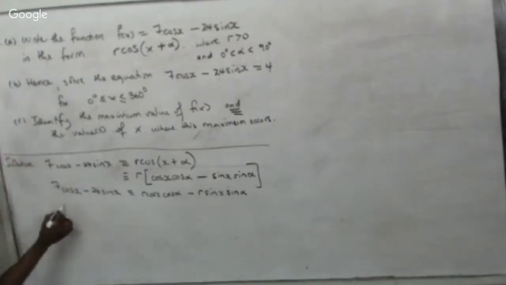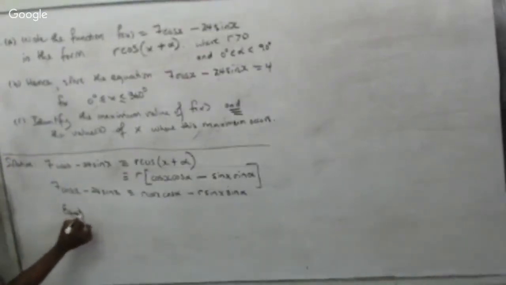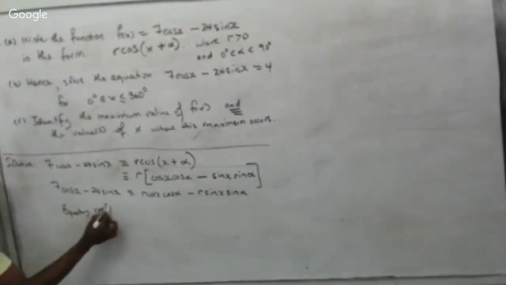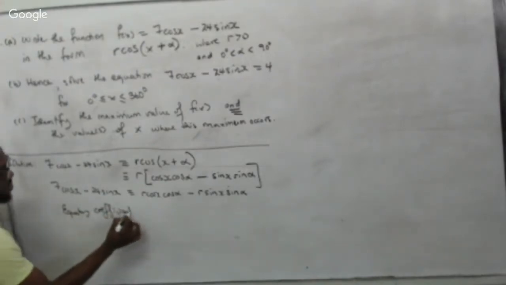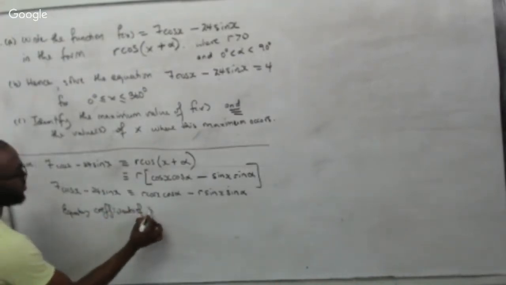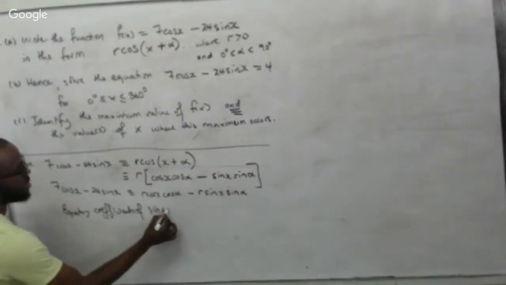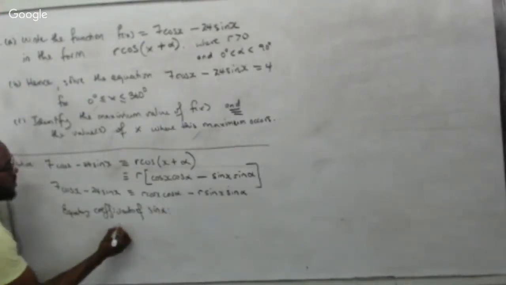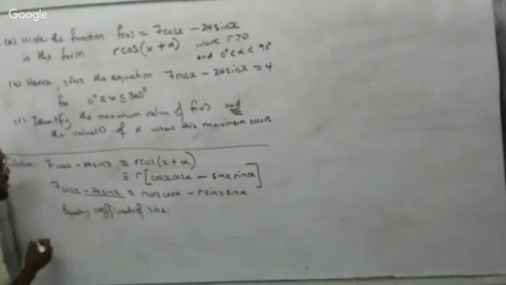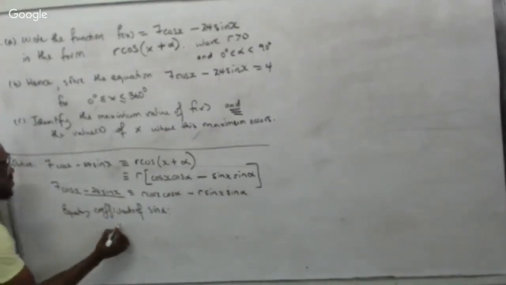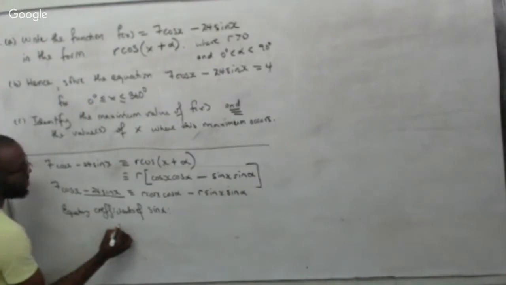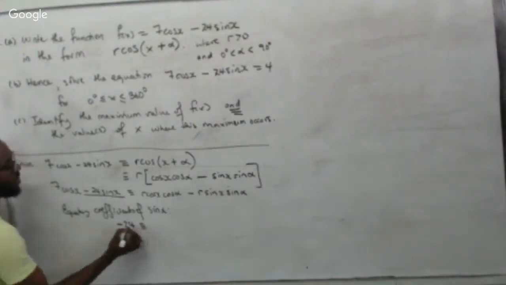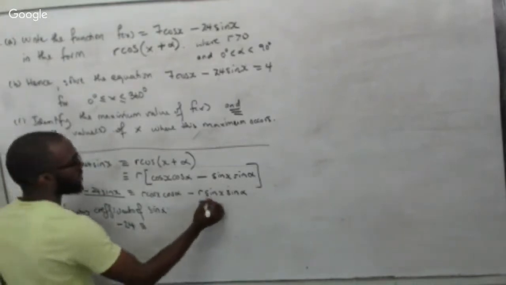That was no trick. Then comes equating coefficients. Equating coefficients of sine x, I would get, what multiplies sine x on this side? Be careful. Minus 24 equals what multiplies sine x on this side?